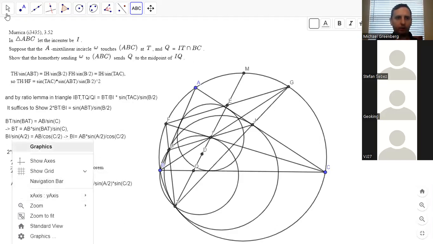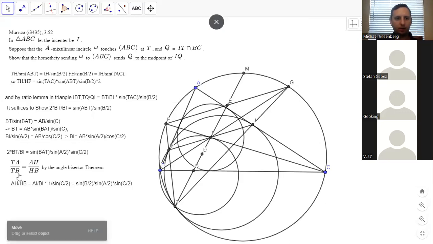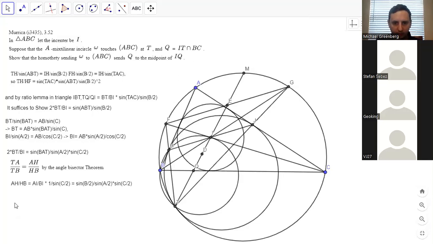Okay, I'm just going to write up the combining of the above. We get TD over BI equals TH over HF.